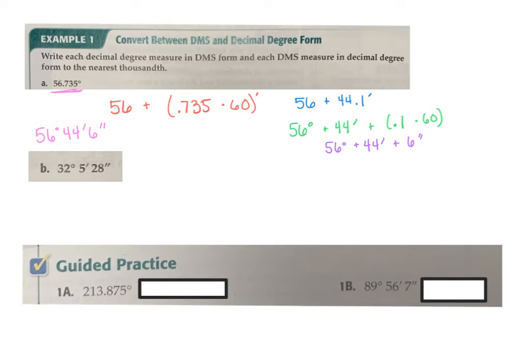So we have 32 degrees, 5 minutes, 28 seconds, and we want to convert it back to decimal form. When you're converting back, you're going to divide or multiply by the reciprocal. So I have this 32, that is not going to change. Then I'm going to add to it my 5 minutes. But remember, we multiplied by 60, so we need to divide by 60.